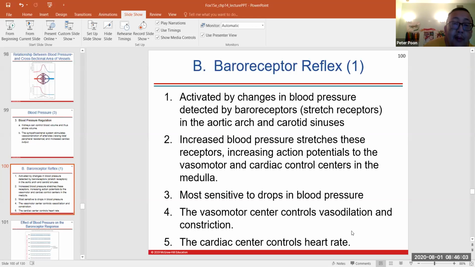All right. The baroreceptor reflex. Activated by changing blood pressure detected in the aortic arch and carotid sinuses. So you can measure pressure there.